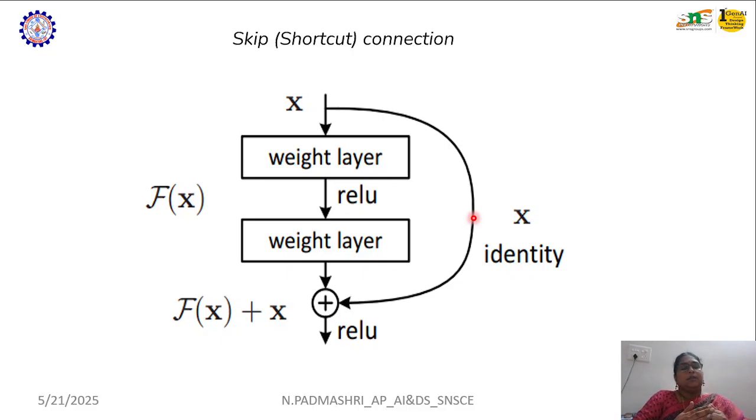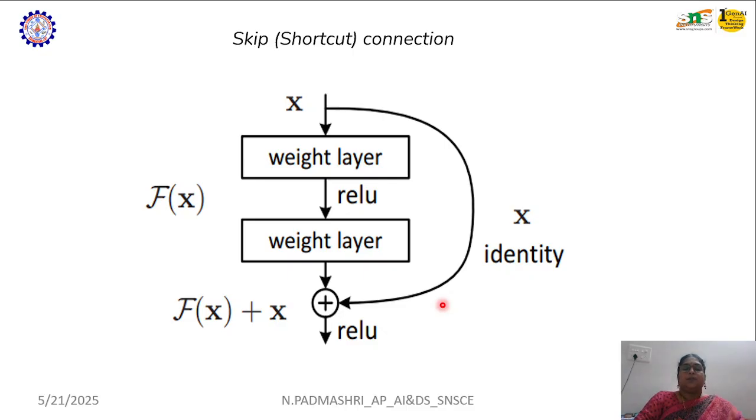In between, we skip. Suppose in this part the value is not positive, if it is zero, which means it is not transmitting anything, so we will skip that connection. Again, the x can be connected to another working layer.